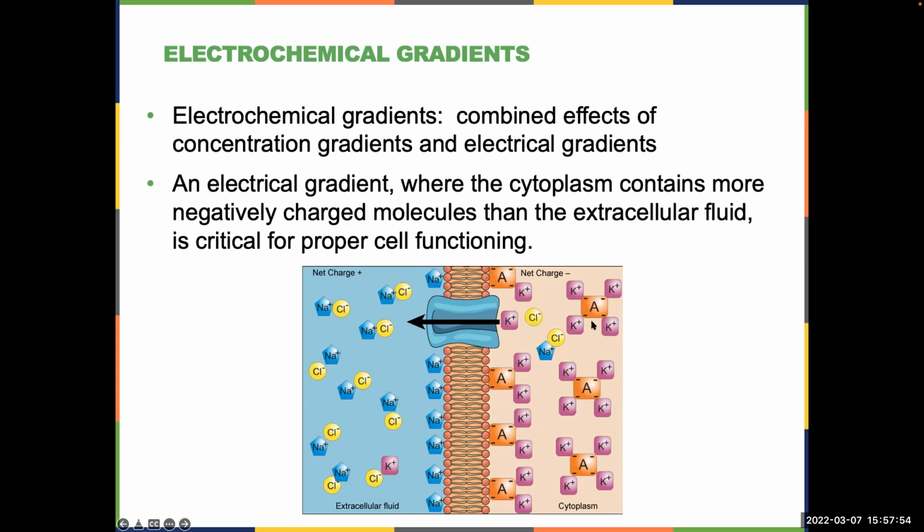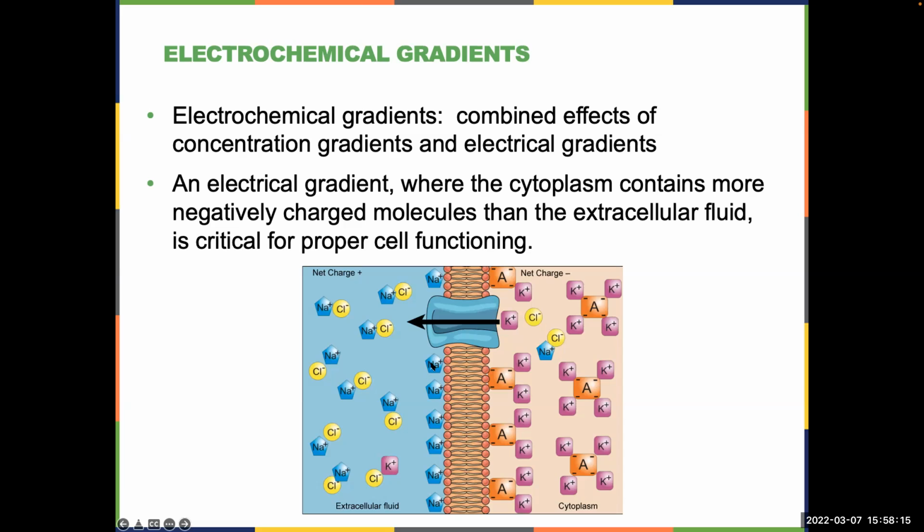So inside the cell, you have a lot of proteins, so you have a lot of negative charges, and they're going to attract positive charges to them. So you have these potassium positive charges attracted around these negative charges. And then you have a little bit of chloride and sodium, but not very much.